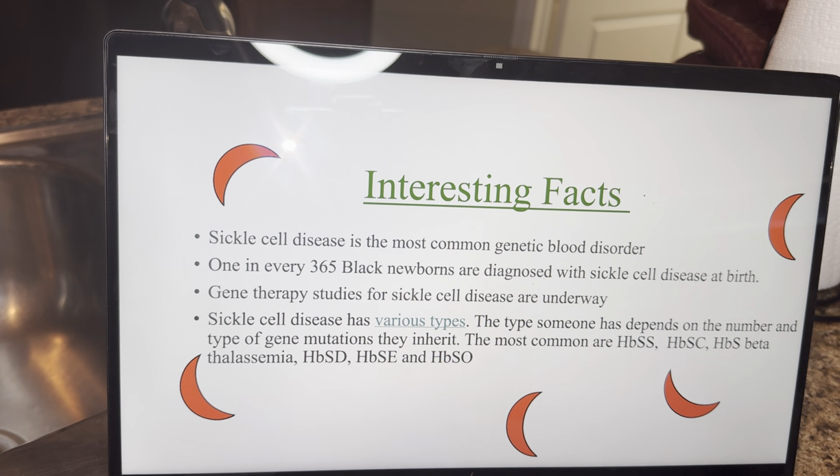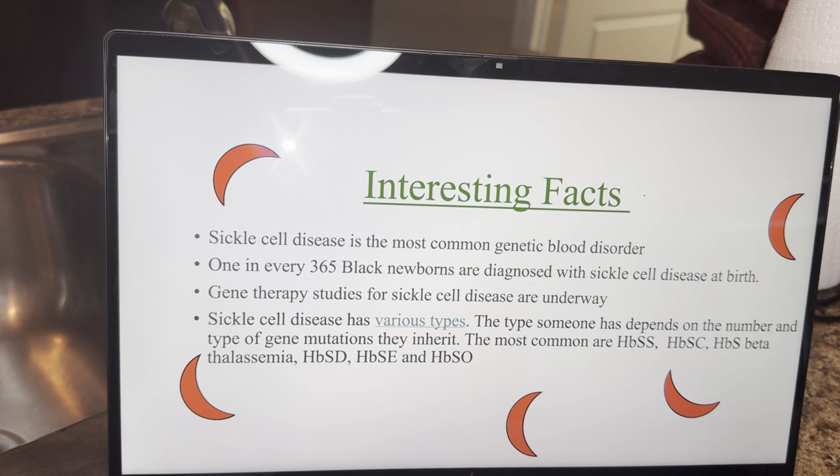Gene therapy studies for sickle cell disease are definitely underway. Just in the past year, they've made great developments with sickle cell, but of course, these developments are not yet available for everyone who has sickle cell disease.